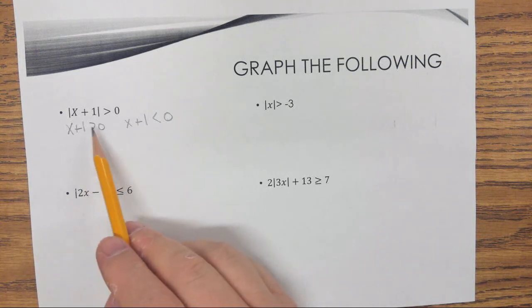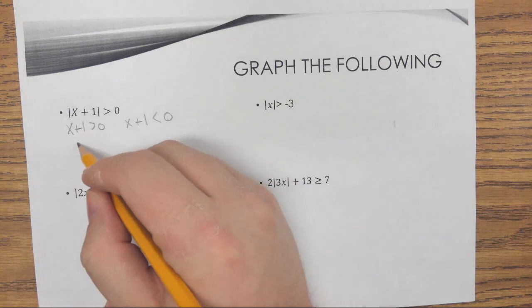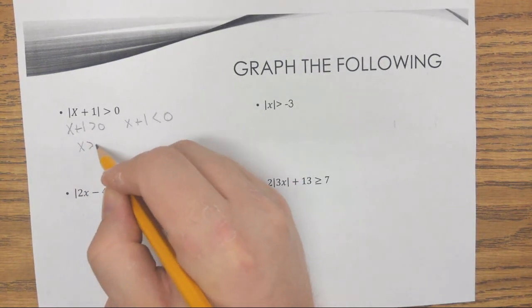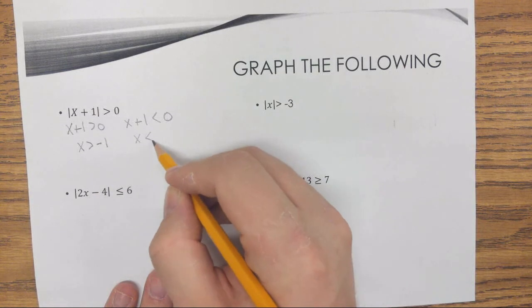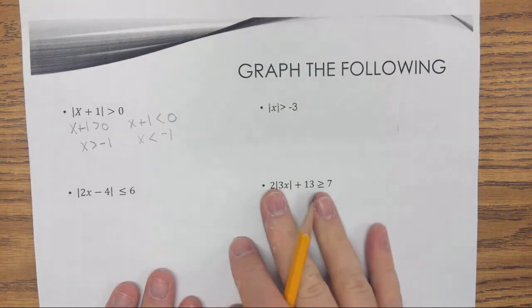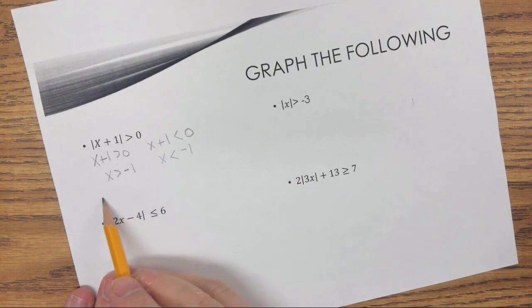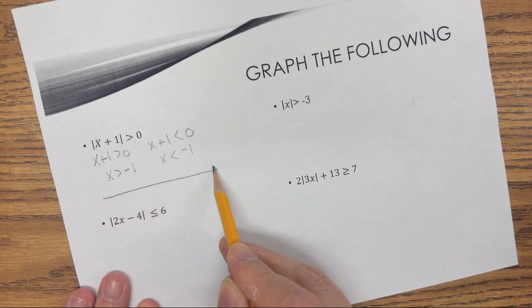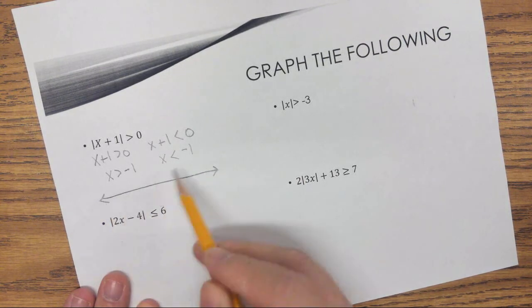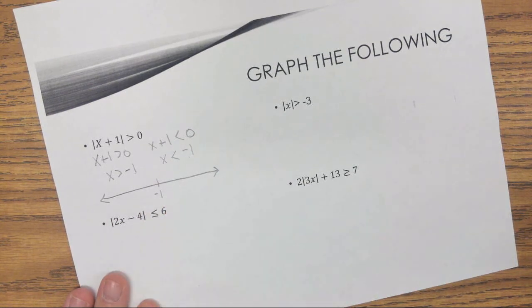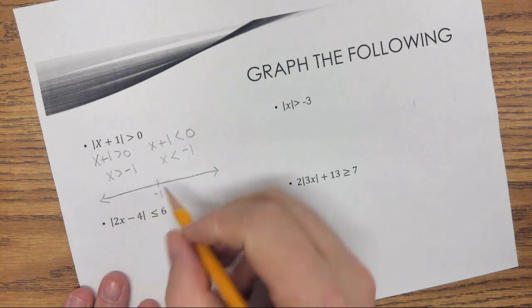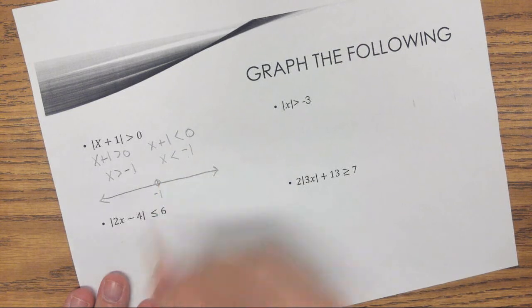Alright, so subtract 1 here, get x is greater than negative 1. Subtract 1 here, I get x is less than negative 1. Graph it. Well, both of these are at negative 1. It's going to be an open circle.